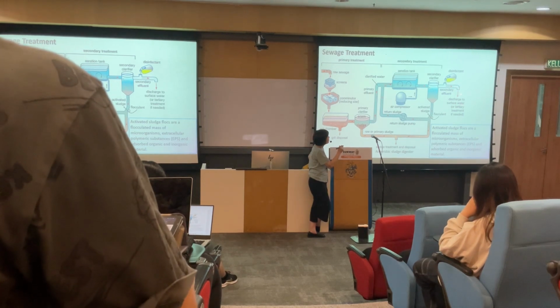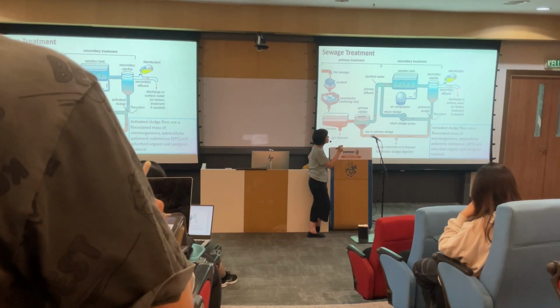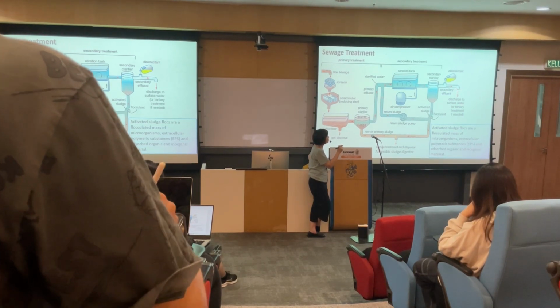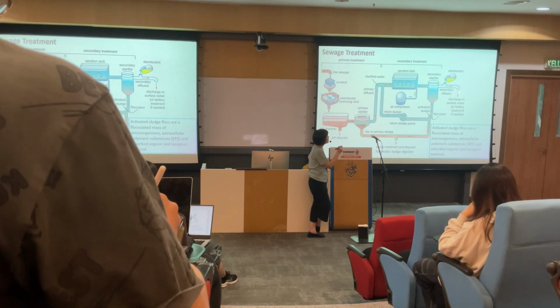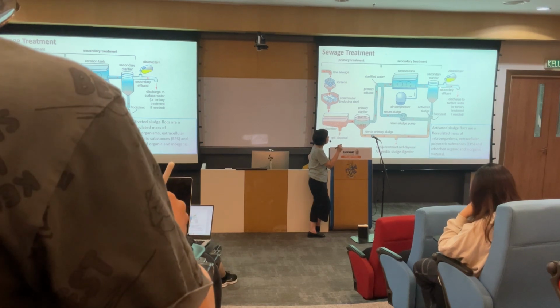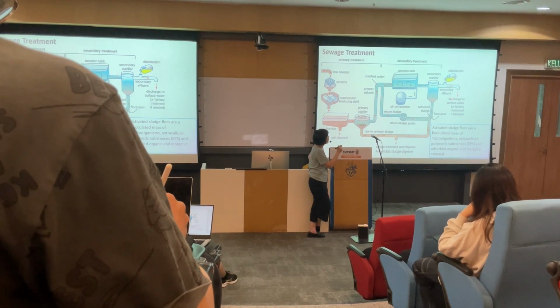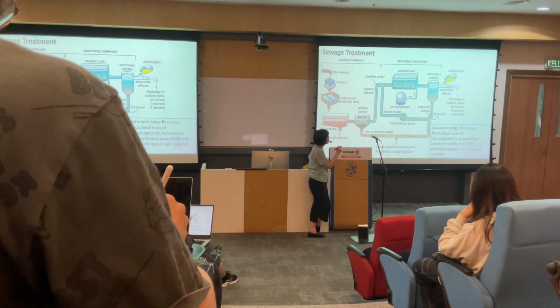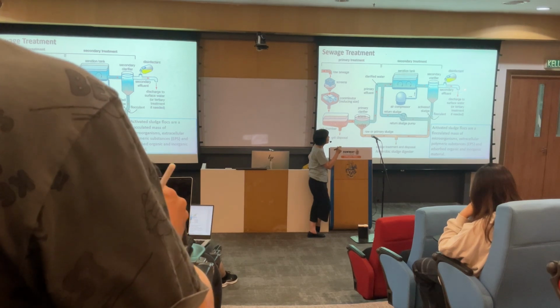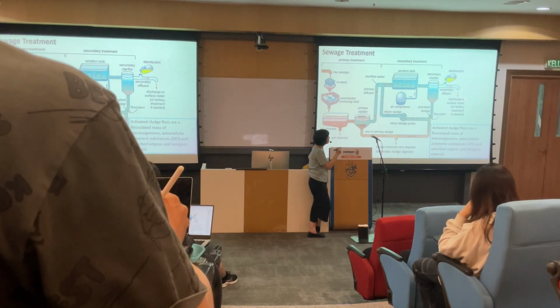Other than the bacterial cells, the water also contains a lot of nitrogen and phosphorus, chemicals which are not fully utilized by the bacteria, and those also come here. So here, they treat the water to remove phosphorus, nitrogen, and also kill the bacterial cells.